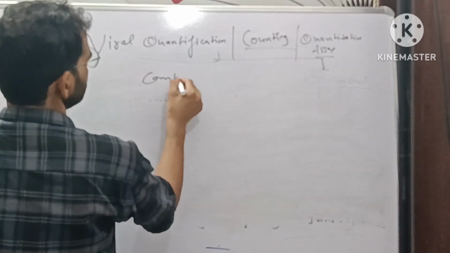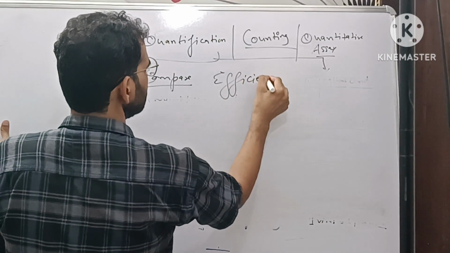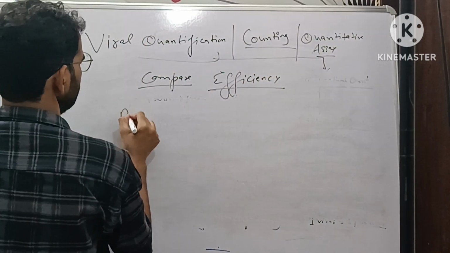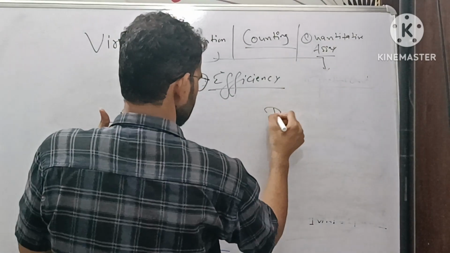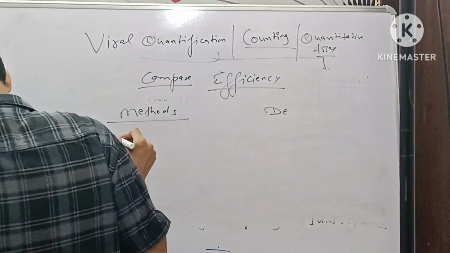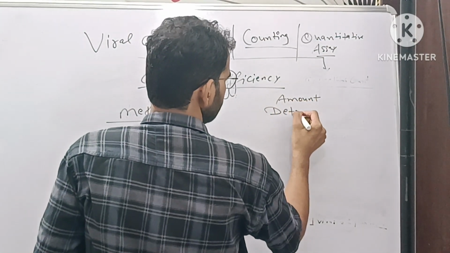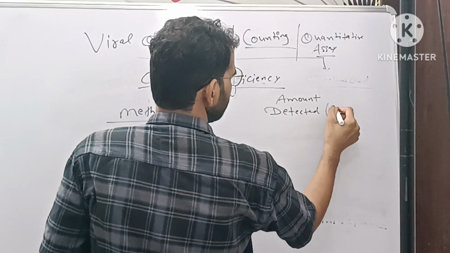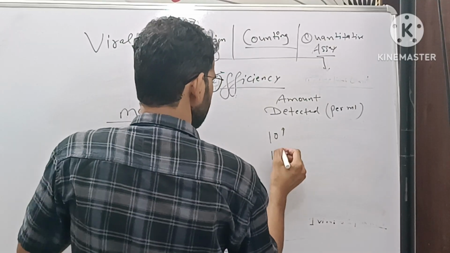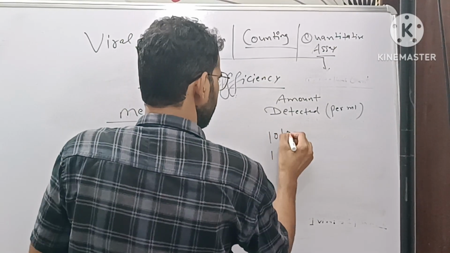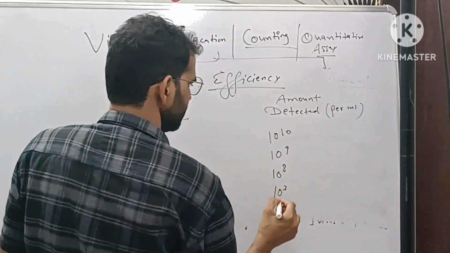Here we have methods, and here the amount detected per ml, in the sequence 10 to the power 10, 10 to the power 9, 10 to the power 8, and 10 to the power 3.